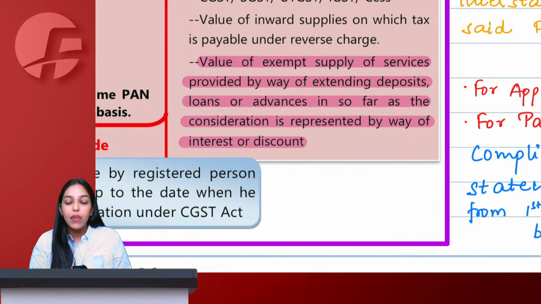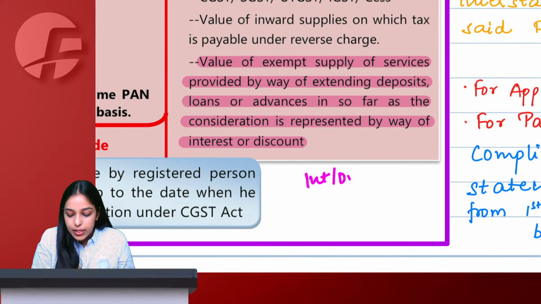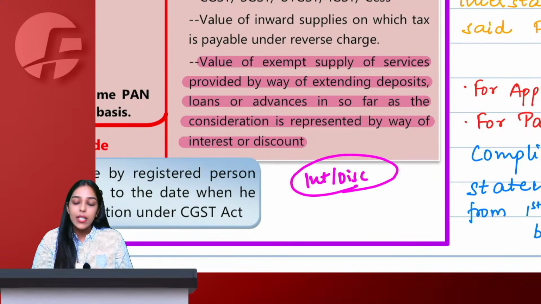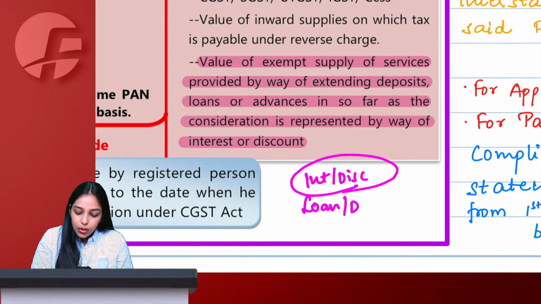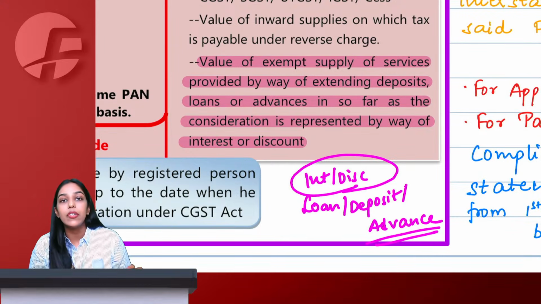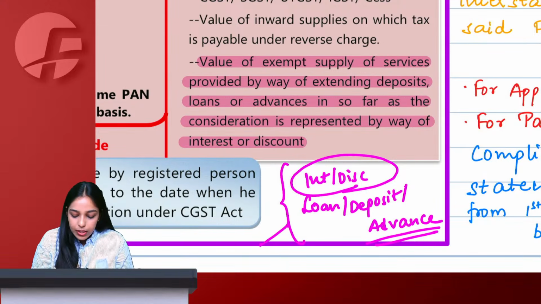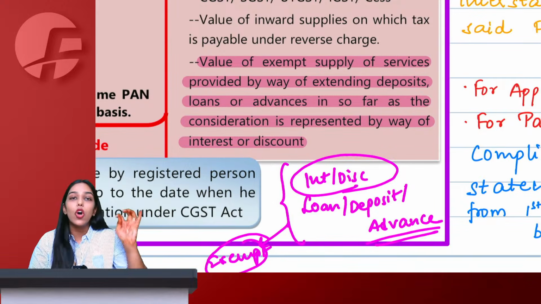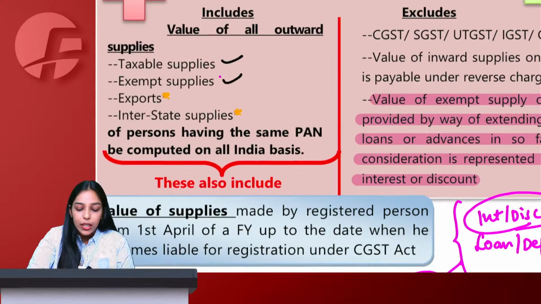And also, if I am earning any interest or discount income purely because I have given a loan, deposit or advance to someone, then this kind of interest or discount is exempt under GST. See, all the other normal exempt turnovers form part of aggregate turnover.